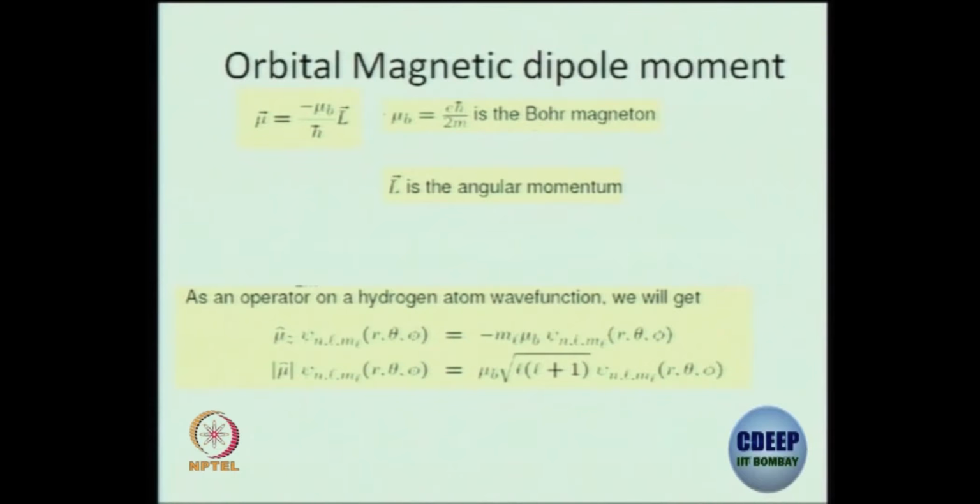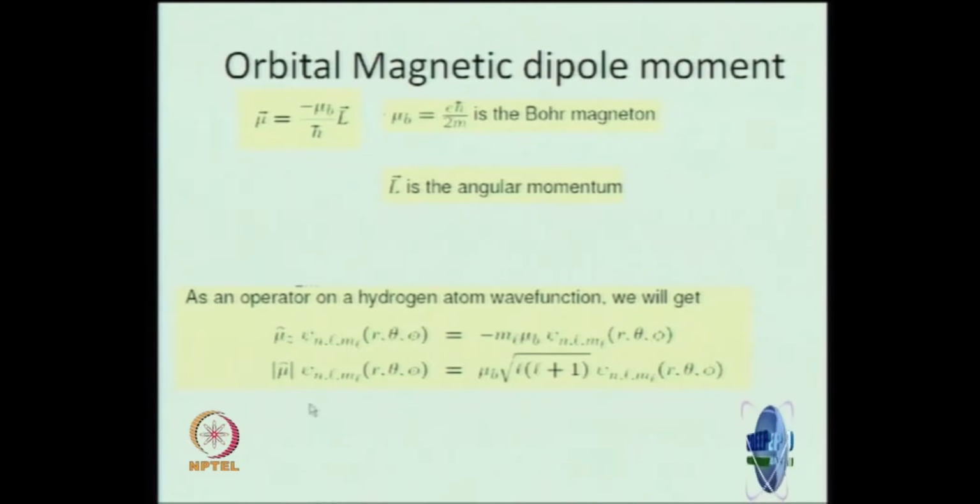Suppose I take the z component of this magnetic dipole moment operator and act on this wave function. It will be an eigenstate or not an eigenstate? Going to be an eigenstate. ħ cancels, you have a minus ml mu B. Similarly, the magnitude of the mu vector: mu dot mu will be L dot L, and L dot L on the state is L(L+1)ħ².